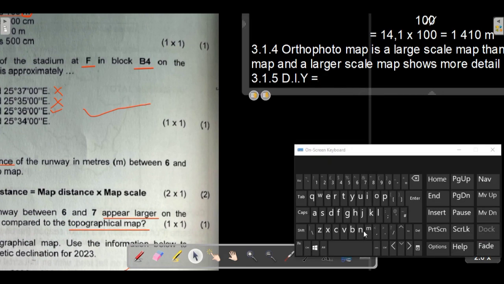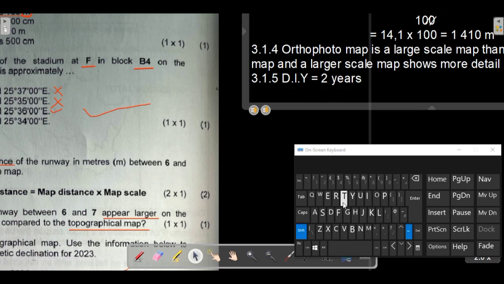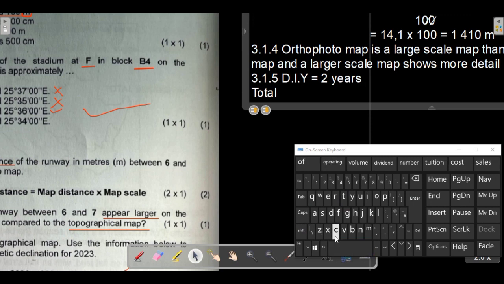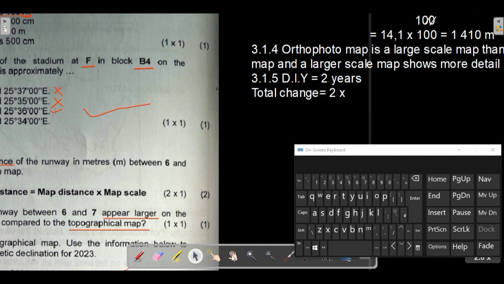And then what's the next step, guys? Okay, 2 years. The next step is to calculate the total change. So for the total change, we just multiply the difference in years, which is 2, by the mean annual change.